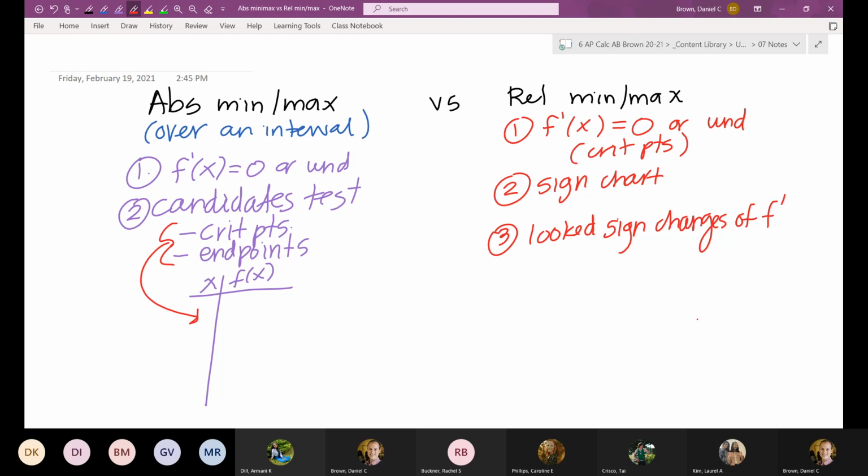Not going to spend too much time on it right now because it won't happen in this unit. There were cases where we tossed out an answer because it was on an endpoint that wasn't included, but in this unit, the endpoints will always be included, so I'm not going to worry about that for right now. But that's what we're going to create to find an absolute minimum or an absolute maximum. And so let's jump back to the example.